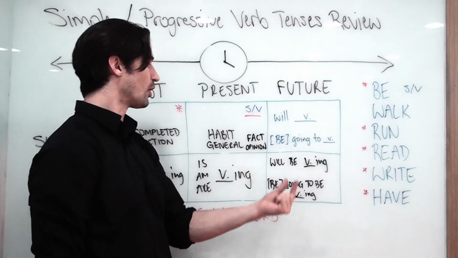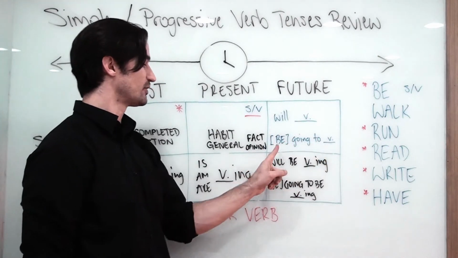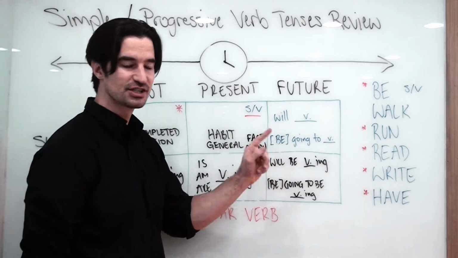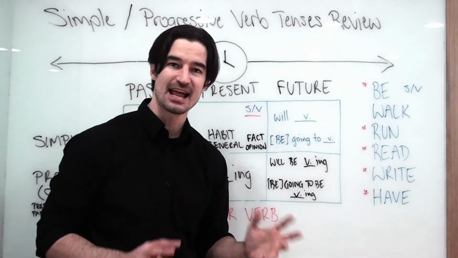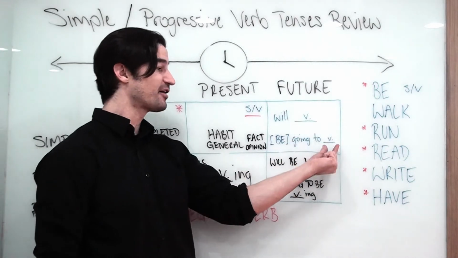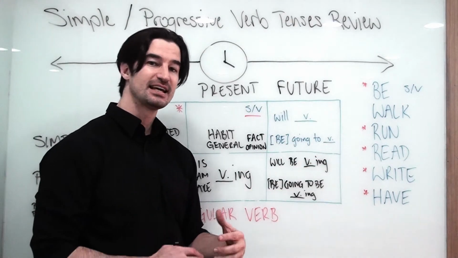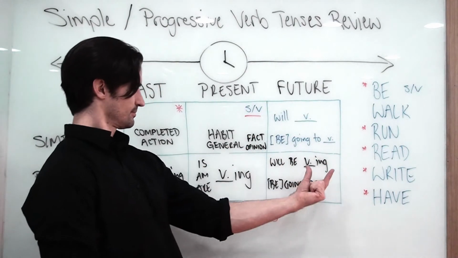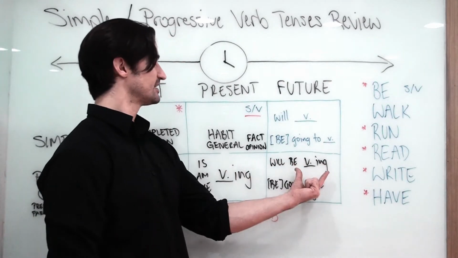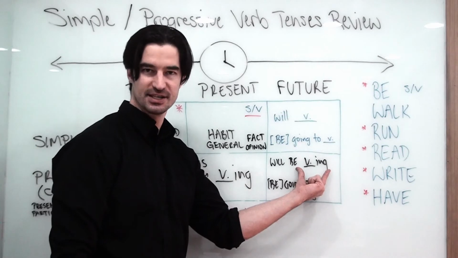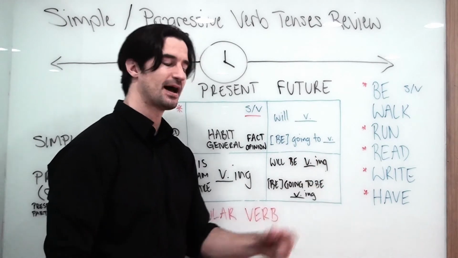Will, verb, or be going to, and remember the be has to change, plus the verb. Here, we're doing the exact same thing, except instead of the bare infinitive, we're using the be verb ing. We're using the present participle pattern.